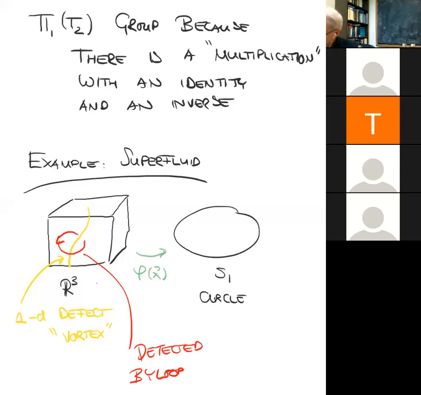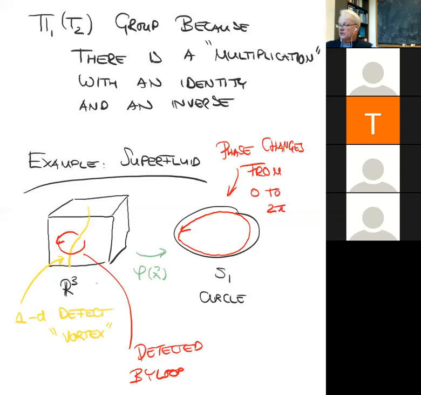Well, obviously the idea is that the phase goes from 0 to 2 pi. So the wave function does indeed go back to itself, because giving a wave function a phase of 2 pi is the same as giving the wave function no phase at all.